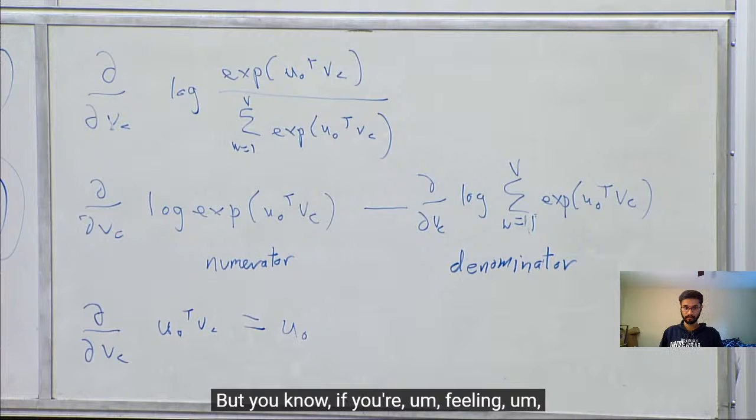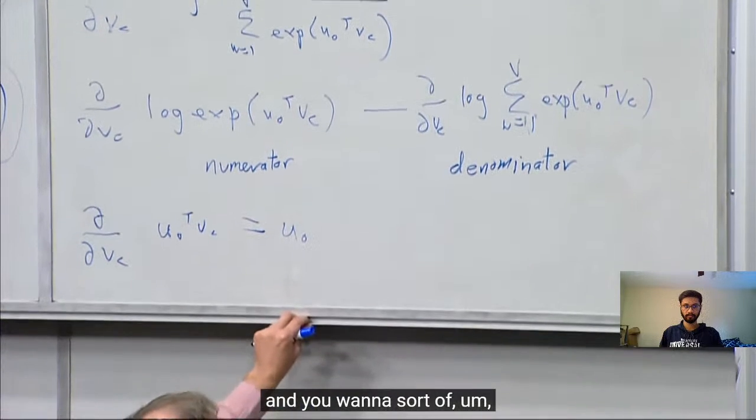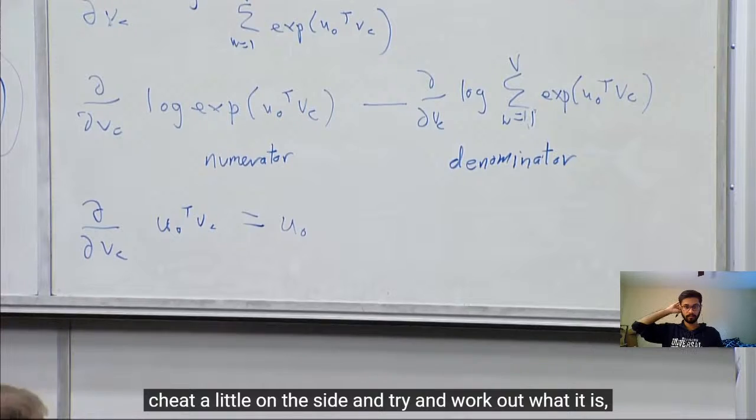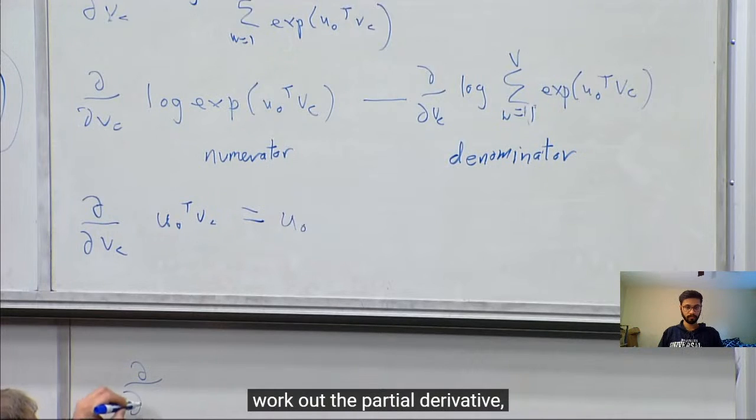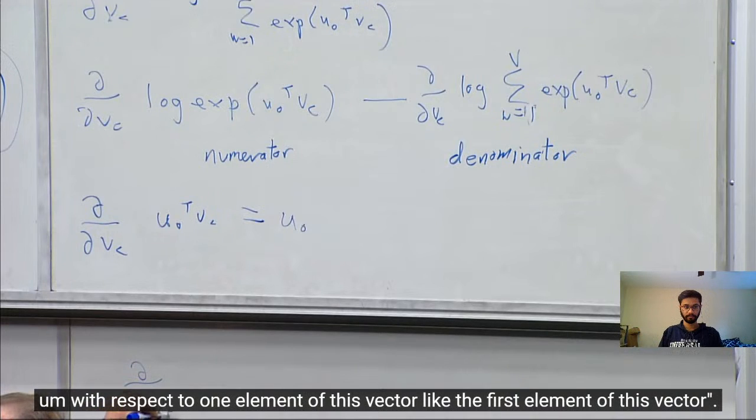And that's great. But if you're feeling not so good on all of this stuff, and you want to cheat a little on the side and work out what it is, you can say, well, let me work out the partial derivative with respect to one element of this vector, like the first element.